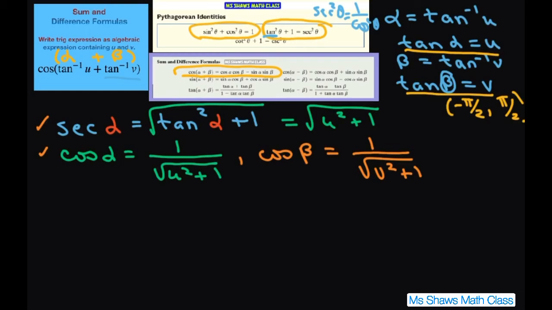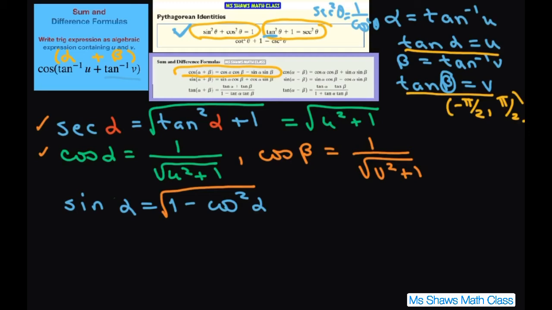We're going to use this identity here and know that sine squared of alpha equals 1 minus cosine squared of alpha. Again, if you square root both sides, there is a square root here, and I can take away the square.